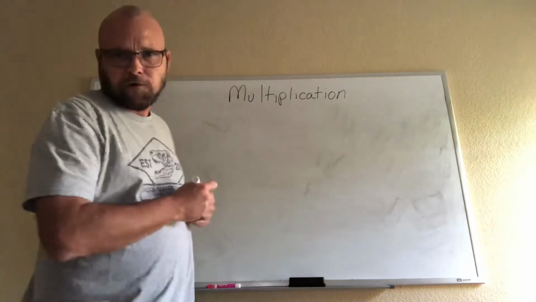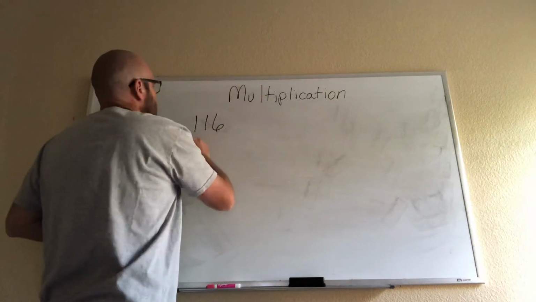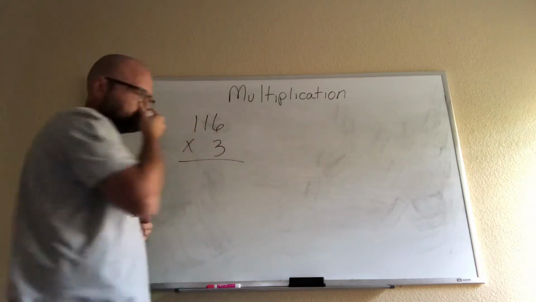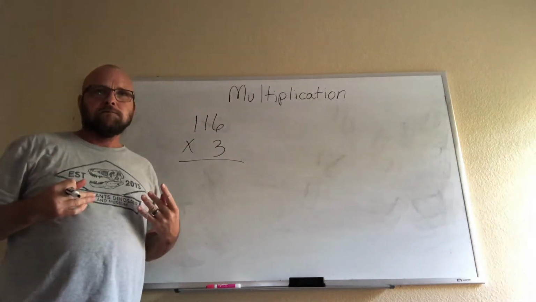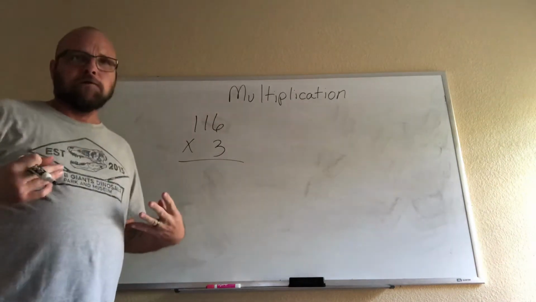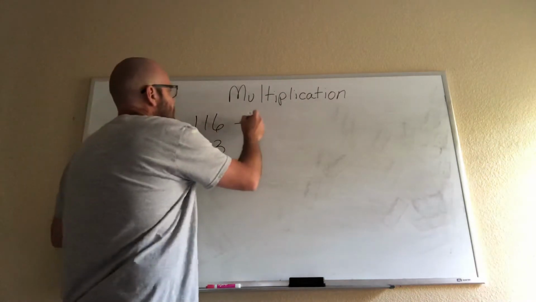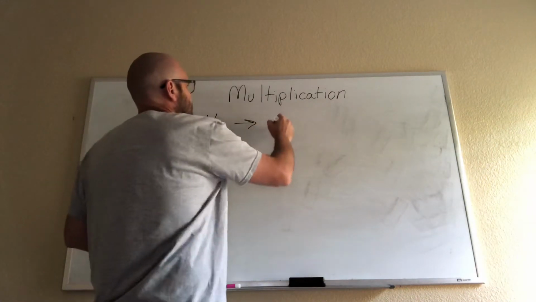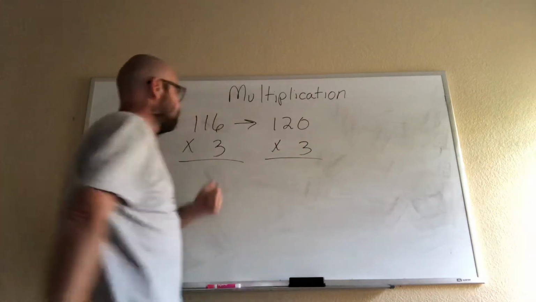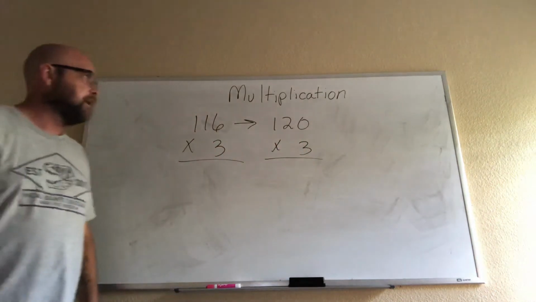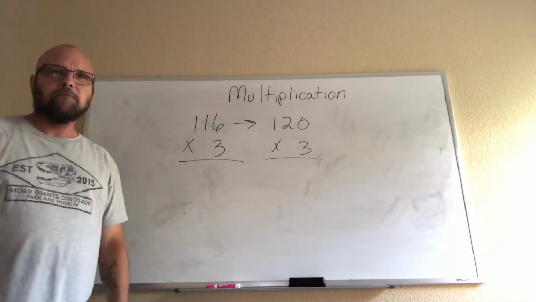So let's take first 116 times 3. I'm going to do some estimating here because I always like to start with estimation so that it gives me an idea of where my answer should be. If I change 116 to 120 and leave my one-digit factor the same, I can multiply 3 times 12 very easily in my head.